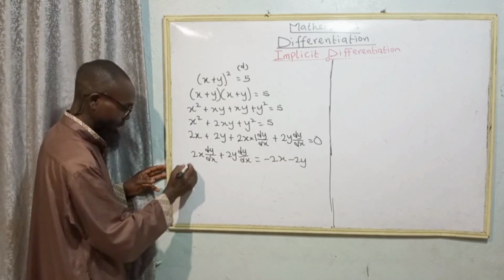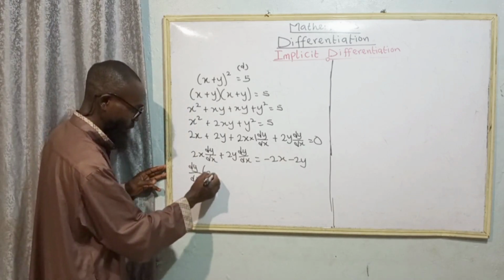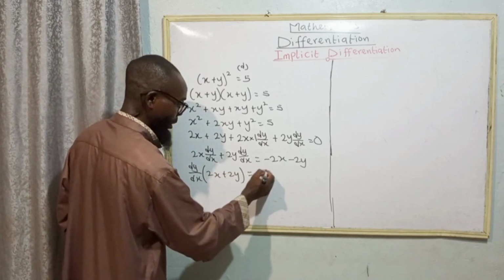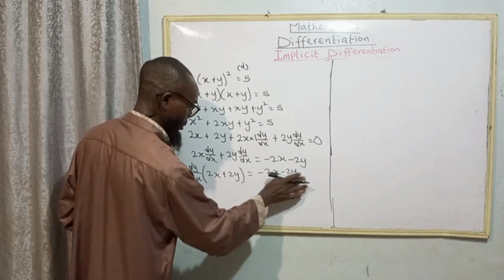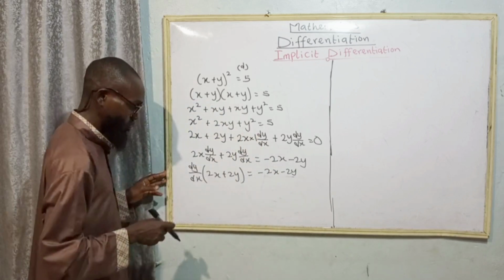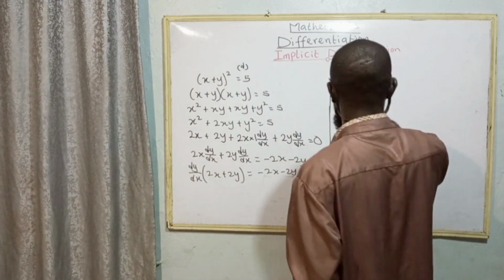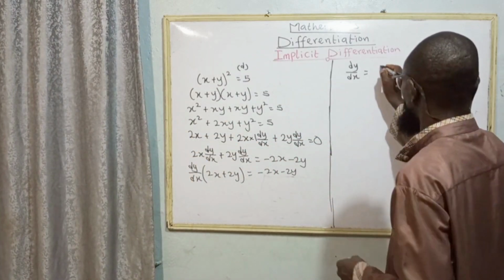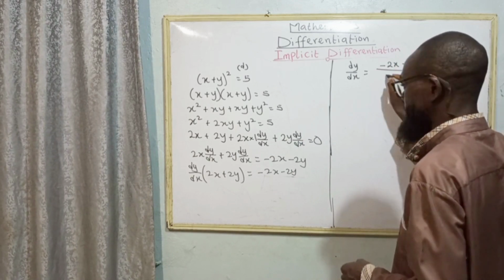Okay, dy/dx, open bracket, 2x plus 2y, close bracket, is equal to minus 2x minus 2y. So I'm looking for my dy/dx.